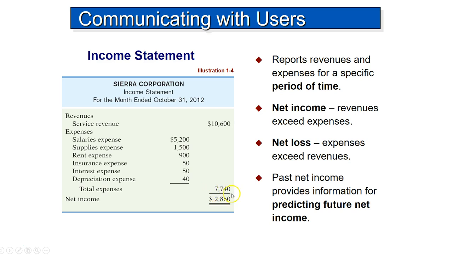Then when I draw this line, I am subtracting the expenses from the revenue and I get what's called net income. Now the convention is that we double underline. Double underline means we're finished. That's what the bottom line is. The income statement shows $2,860. Now recall this is a corporation. It says Sierra Corporation, so it's owned by shareholders. So that money belongs to the shareholders.